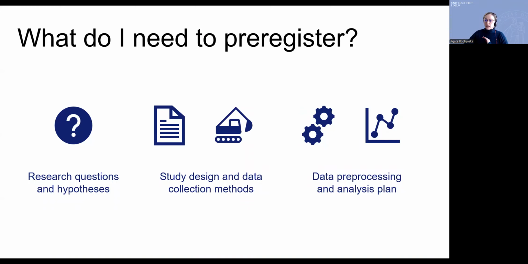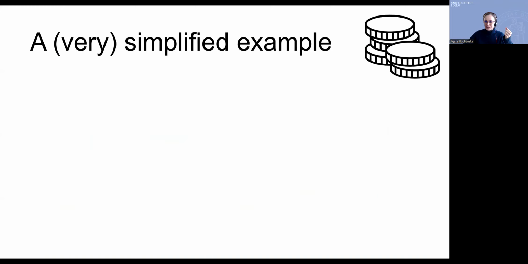So to give you a very simplified example of how it could look, let's imagine that I have a coin. We mostly all pay with credit and debit cards, so I don't know when was the last time anybody had a coin in their hands. It was a long time ago for me. But let's say that I have a coin in my hand and I want to check if the coin is fair.